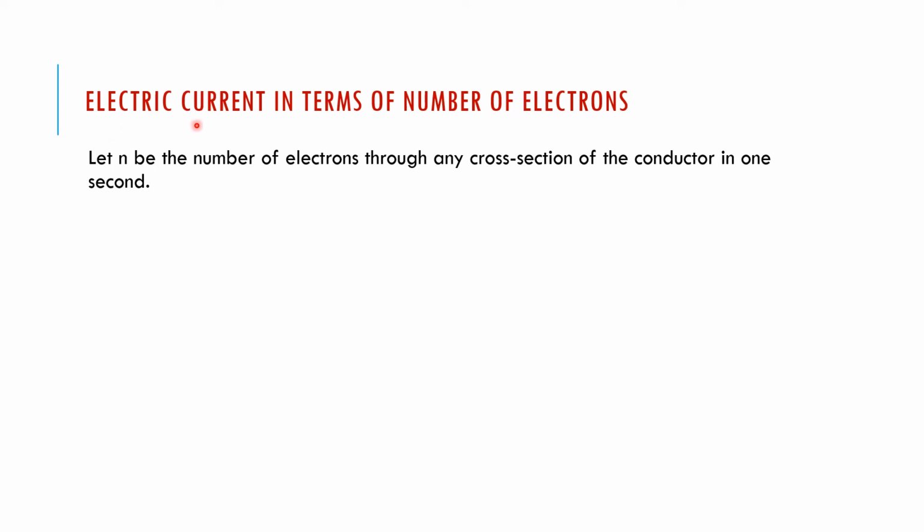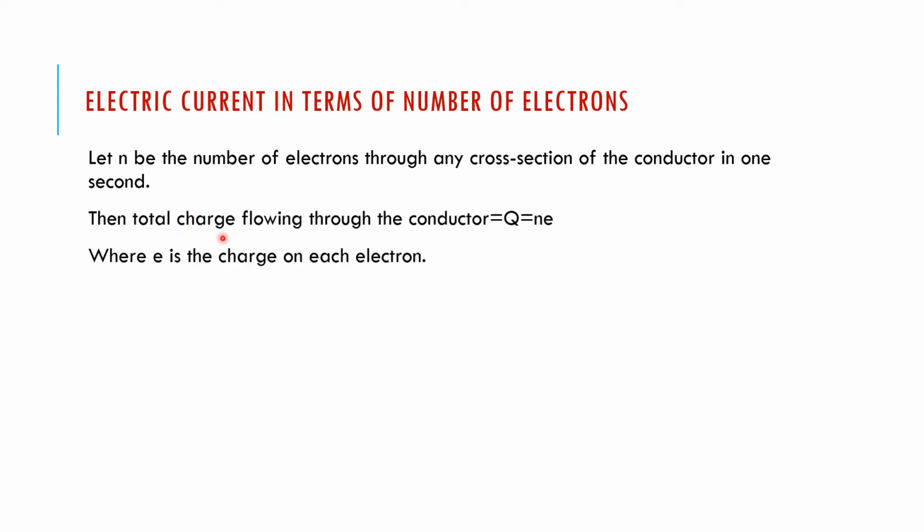Now we have to define electric current in terms of number of electrons. The same formula, whatever we have studied now, we rewrite it in terms of number of electrons. For that, let n be the number of electrons flowing through any cross section of the conductor in 1 second. There are a huge number of electrons in a conductor.